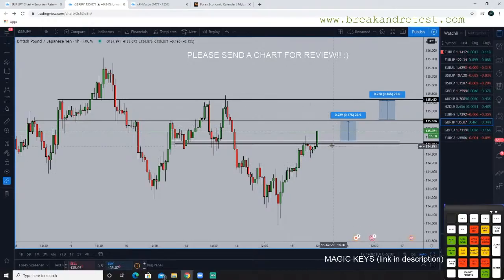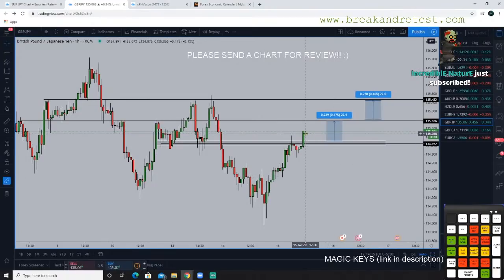But we need a retest for continuation. And I don't want this to go all the way to the next zone, then come for retest, because that would be uncomfortable and not that good. So we need a retest. We need price to stay here for a while until the 1 hour closes.